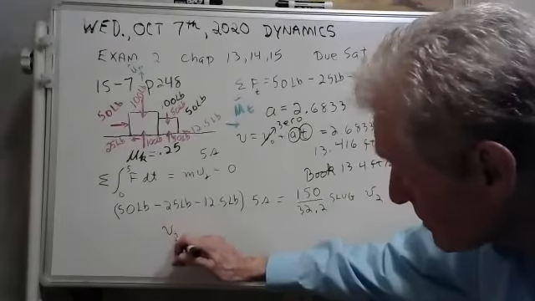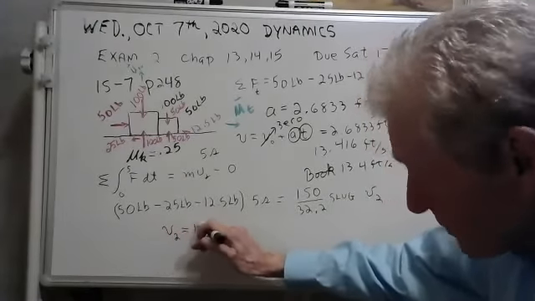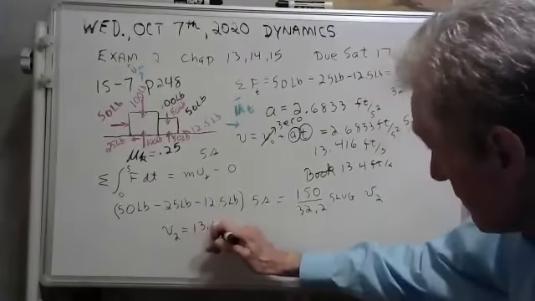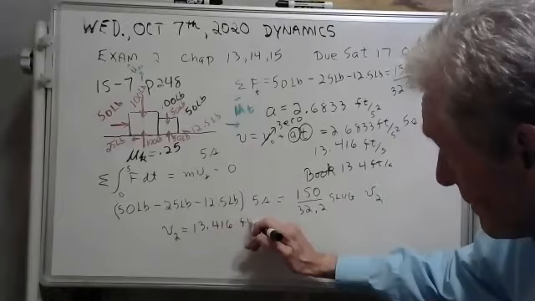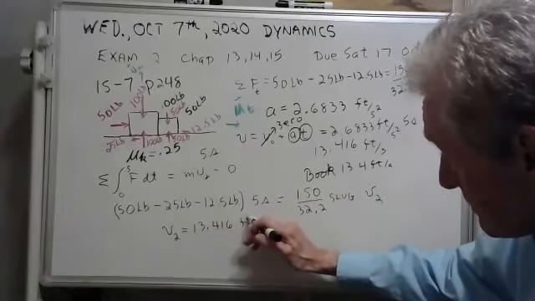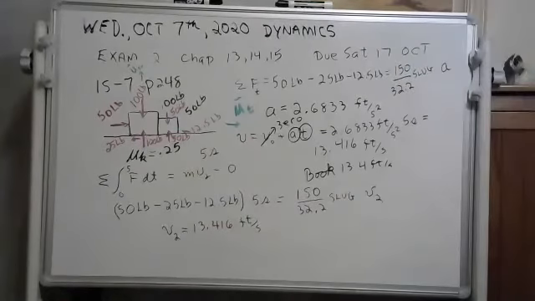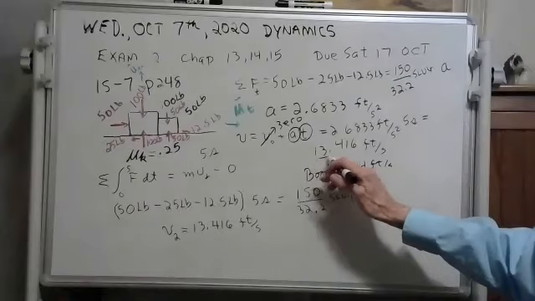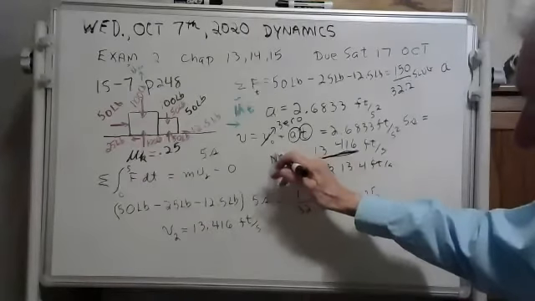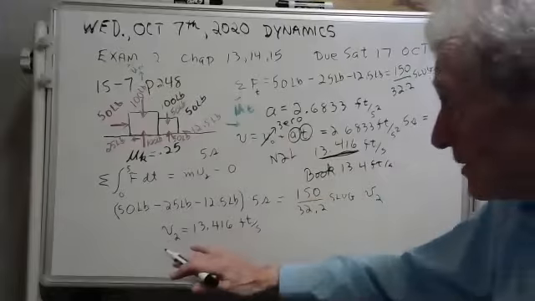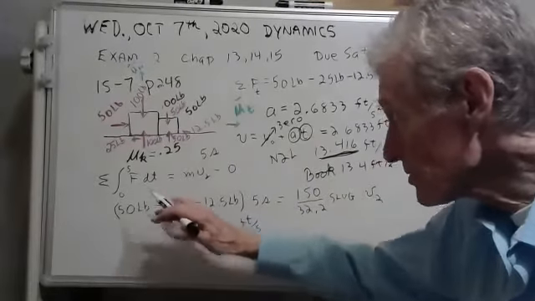When I plugged all that stuff in, I got 13.41, a bunch of sixes, feet per second. Wowie, that's the same answer we got using Newton's second law. See, we got this from Newton's second law. We got this one from impulse momentum.